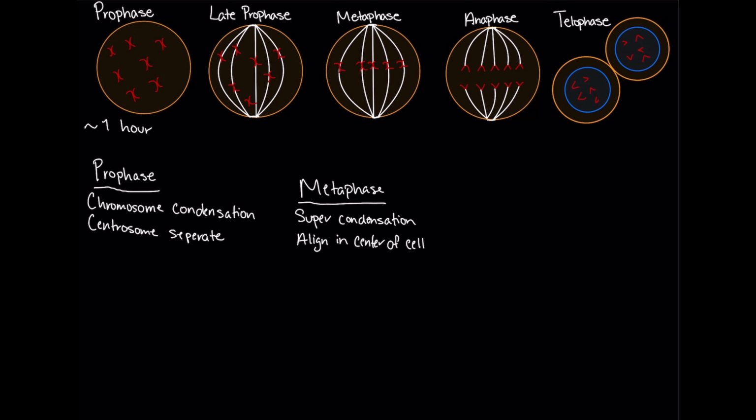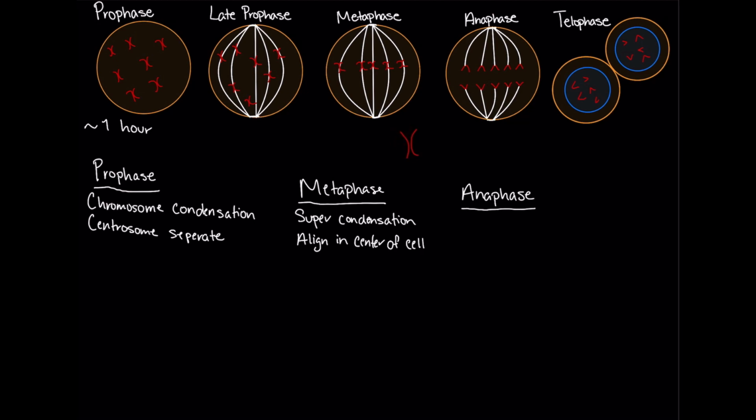Then there is anaphase, which would be this one right here. Anaphase is the separation of the sister chromatids. So as you can see right here, as we had mentioned before, these images, each one, like this one and then this one, are two copies of the same chromosome.